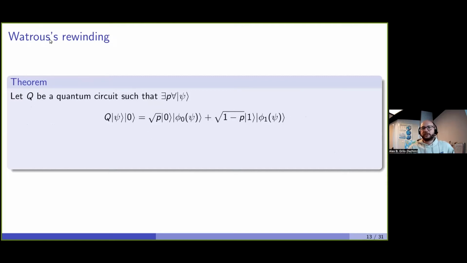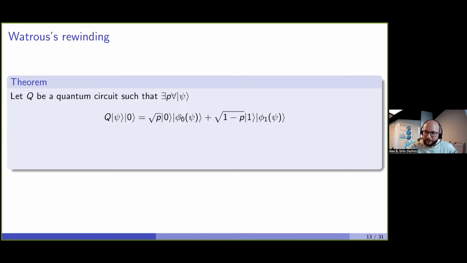Watrous proposed this quantum rewinding technique, where you assume that you have a quantum circuit Q, and that there exists some p such that for every input state psi, Q on psi 0 is of the form square root of p, phi 0 of psi, 0, plus square root of 1 minus p, phi 1 of psi, 1. The quantum states depend on psi.